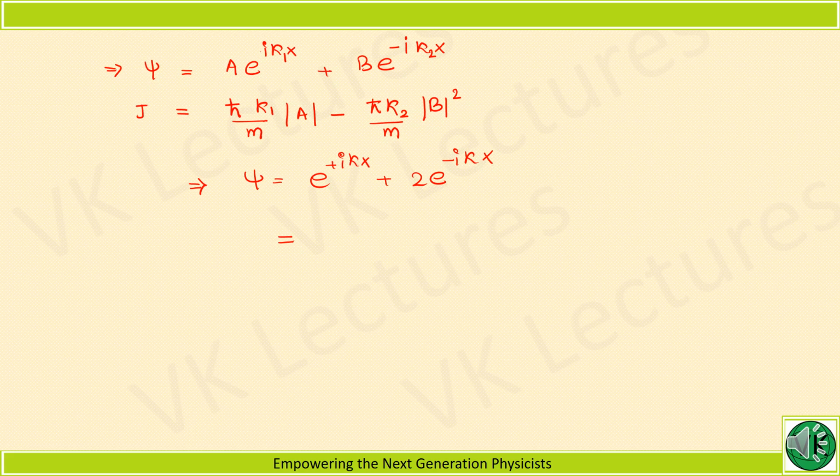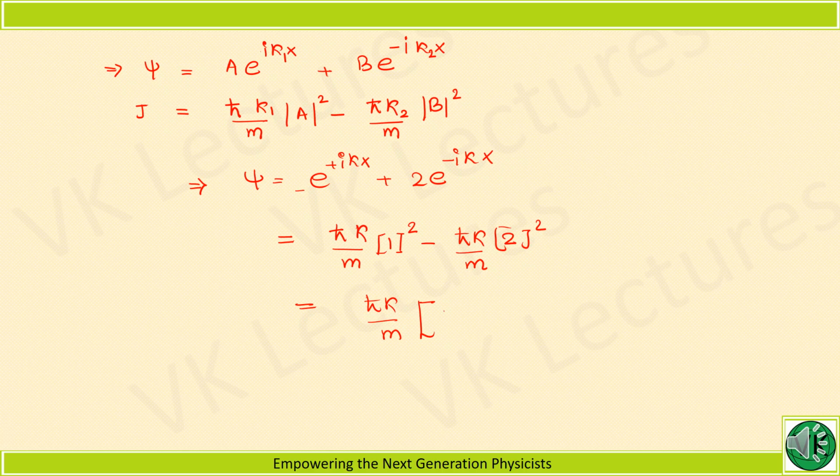According to the formula, h cross k1 is h cross k by m, and k2 is also k. The magnitude of A is 1, squared, minus h cross k by m into B squared, where the coefficient is 2, squared. So you get h cross k by m times 1 minus 4, that is minus 3, which is equal to minus 3 h cross k by m.